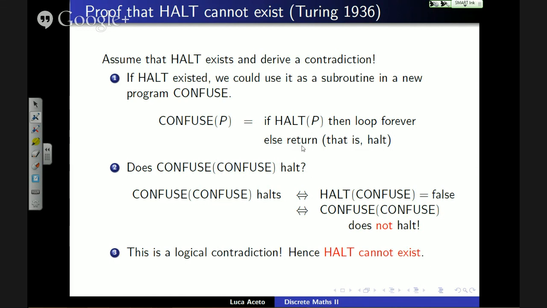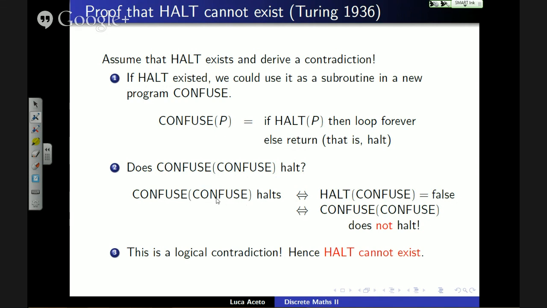But then we can run confuse on its own source code, because the source code of confuse is a string. Confuse is a program that takes a string as input, so we can run confuse on the source code for confuse. We run it on itself. And now a contradiction looms. Why?